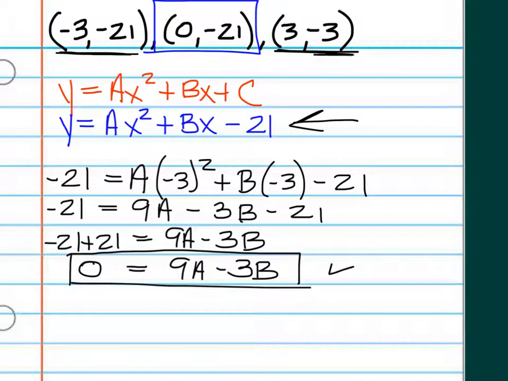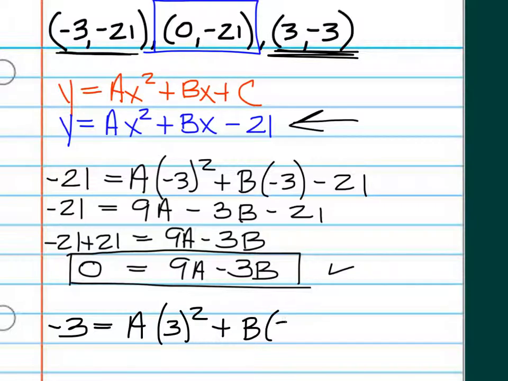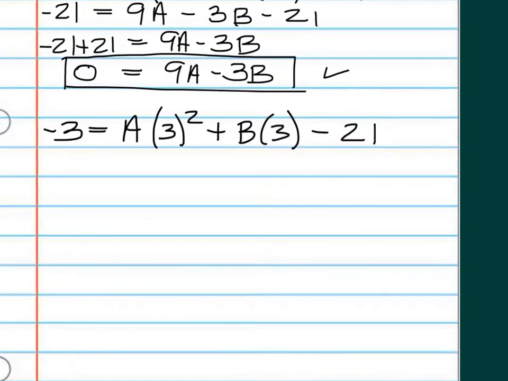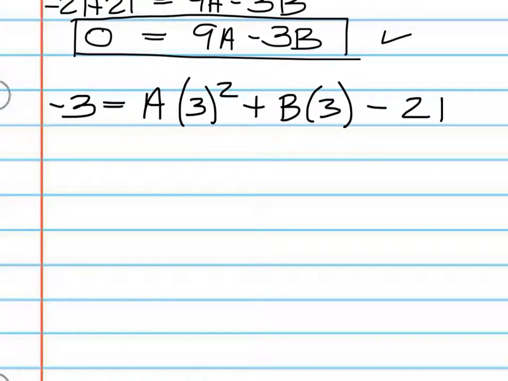The other point is 3, negative 3. Which one of those in that point is the y value? Negative 3. So it goes first, and then equals a times x squared, so it's 3 that's going in, and then times 3, and then minus 21. Simplify it.